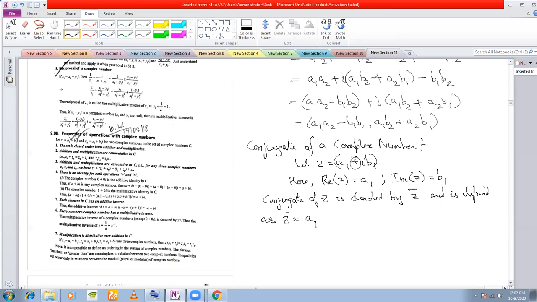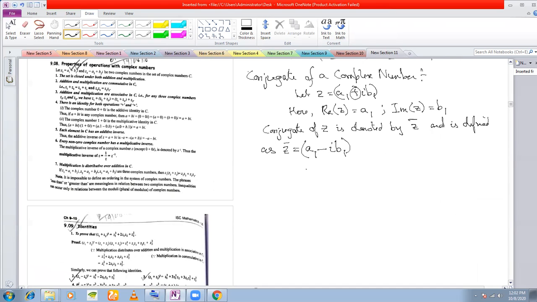You have a plus sign here, you change it into a minus sign, i b1. So if you see, a1 remains the same, you change the sign only of the imaginary part. Remember, for a conjugate, you have to change only the sign of the imaginary part.